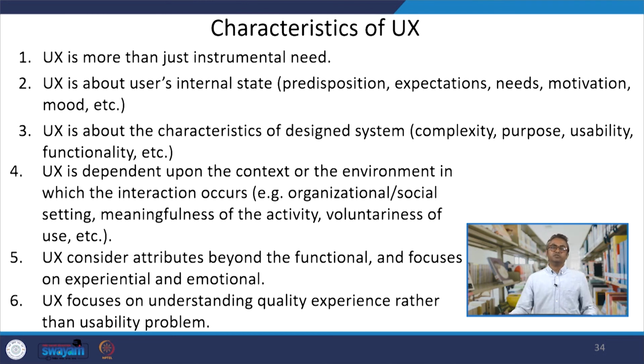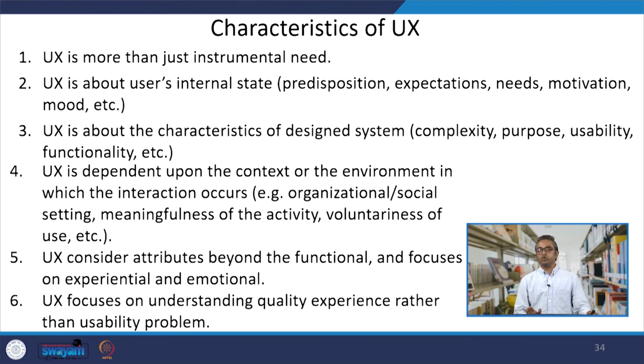User experience considers these three major attributes. The beyond instrument focuses on experiential and emotional aspects. User experience also puts an understanding toward the quality of the experience rather than the usability problem. So it asks what is the experience quality, rather than how useful the product is or how useful the design will be to solve a problem.